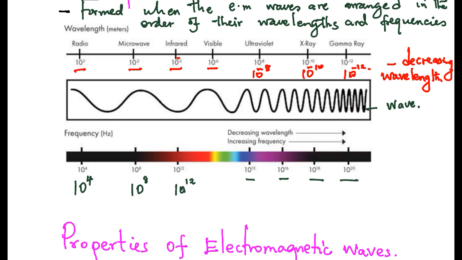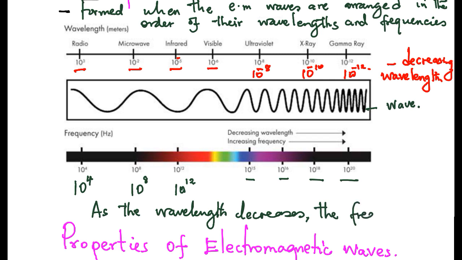So from here, we note that as the wavelength decreases, the frequency of the waves in the spectrum increases.